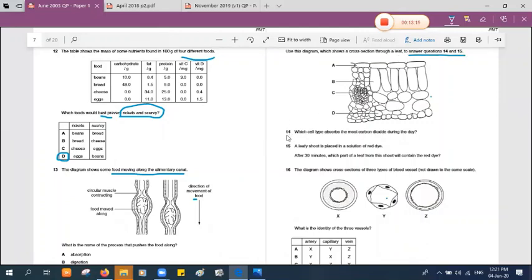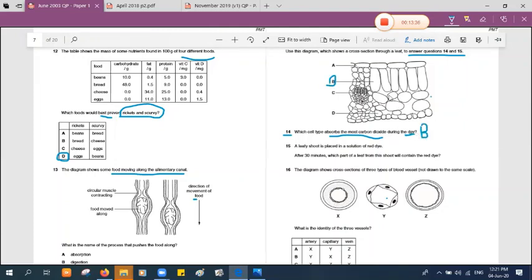Okay. So question 14, which cell type absorbs the most carbon dioxide during the day? Here, what do you think in the day? It will be letter B. Why, teacher?